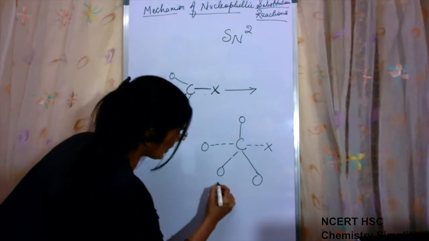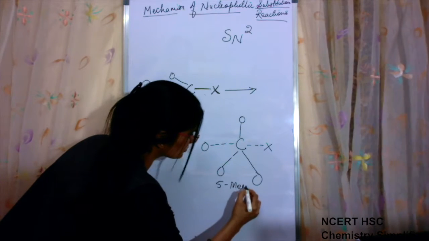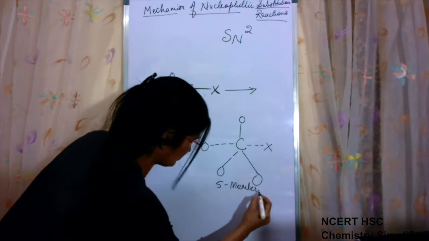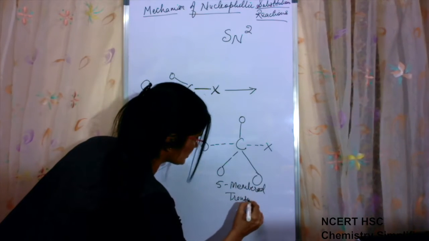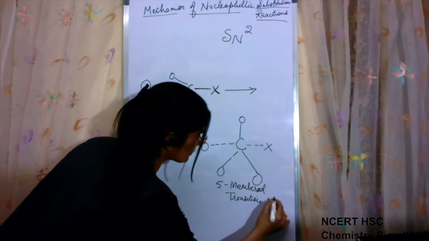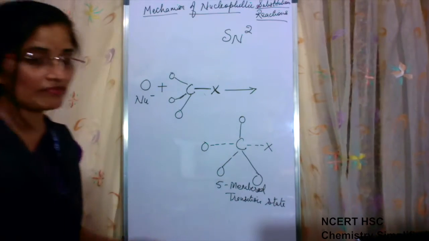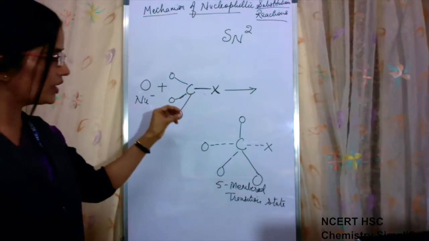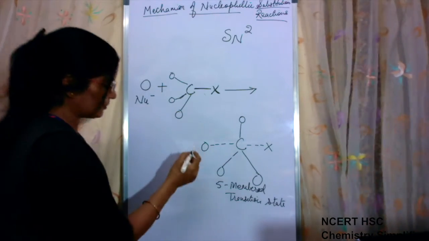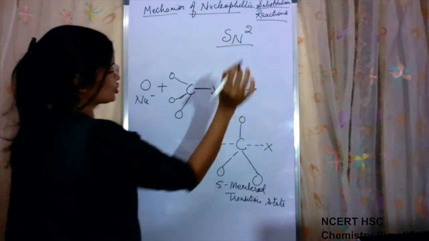This is a 5-membered transition state. It is an unstable species. It is formed for a very short time, but it will be formed when the mechanism is SN2.